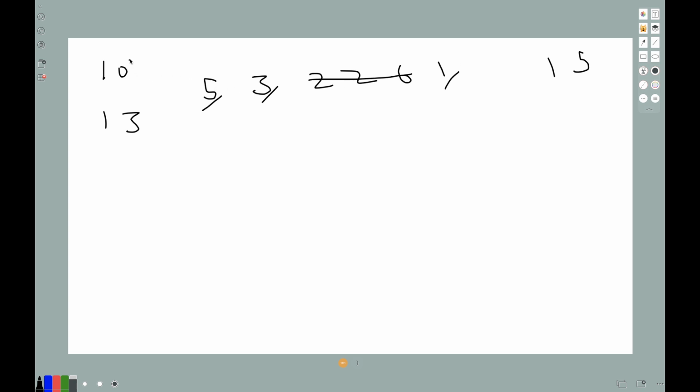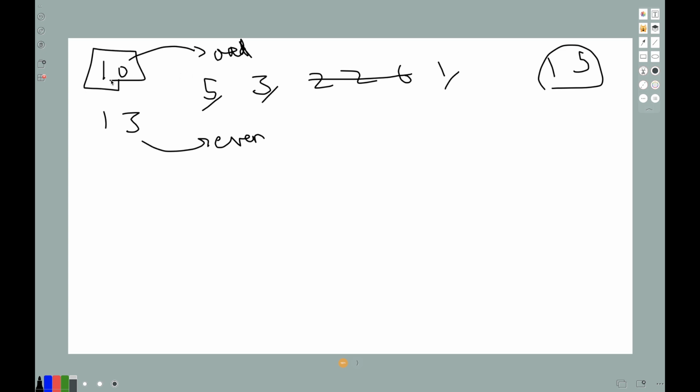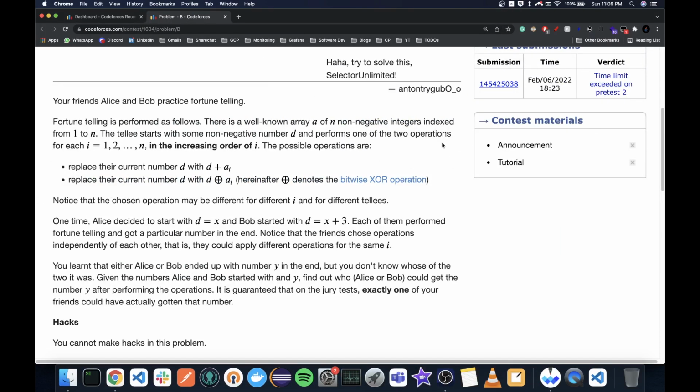That means that 10 would become an odd number and 13 would become an even number, and 15 is an odd number. So just by the final resultant parity, we can figure out which one would be able to reach. And because it is given that exactly one of them reaches, we can be sure that only this will reach. So that was the solution.